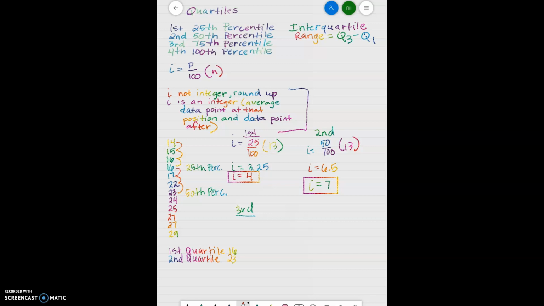So this time we're going to do I equals 75 over 100 times 13, which would be 9.75. That's going to round to 10. So we need to find the 10th number. So 8, 9, 10. So our data point at the 10th index point is 27.